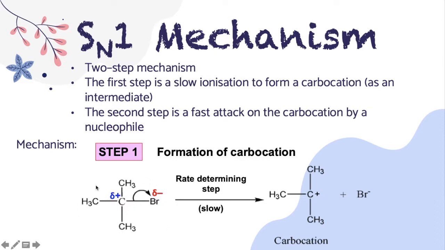This is the haloalkane. Br is more electronegative than carbon. This is what makes the Br delta minus and the carbon delta plus.